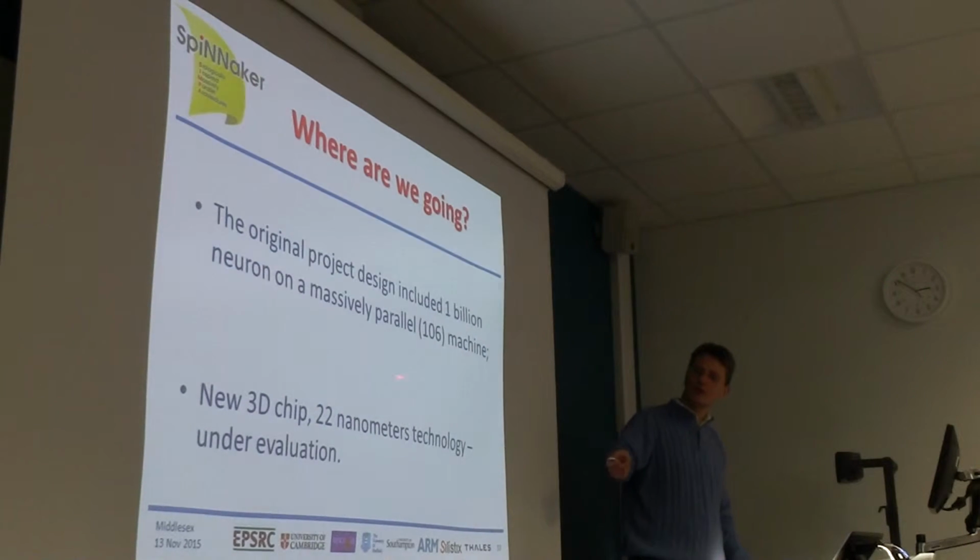But nonetheless, we are already thinking about the next step, which is a 22 nanometer technology 3D chip. That has been taken out and we are waiting for the first batch coming back, probably March next year. Not sure, don't know exactly what the times are there. What is the time scale there?